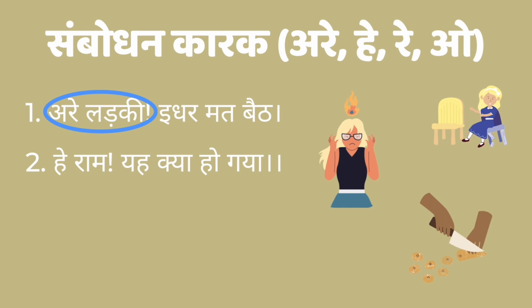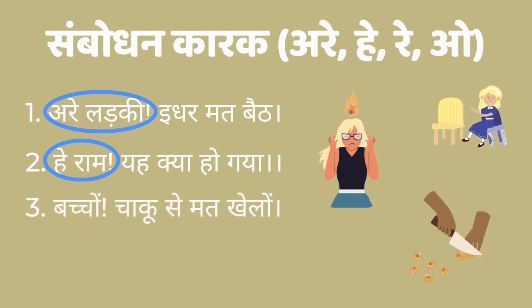Hey Ram, ये क्या हो गया? After hey Ram, there is an exclamation mark. The meaning of this sentence is, oh God, what has happened? The next one. बच्चों, चाकू से मत खेलो. चाकू means knife.